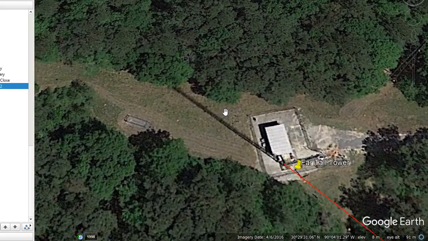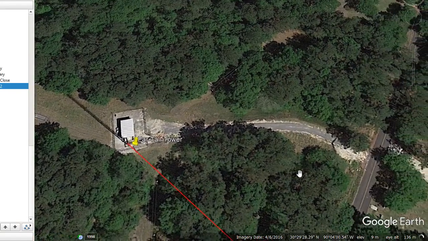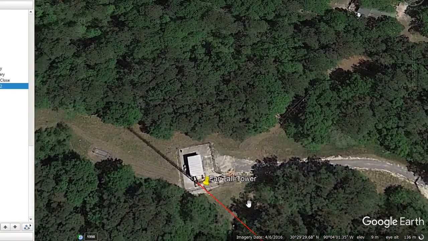But it's not entirely accurate unless you can get a perfect match for the angle of the sun, and I guess you can get it fairly close.